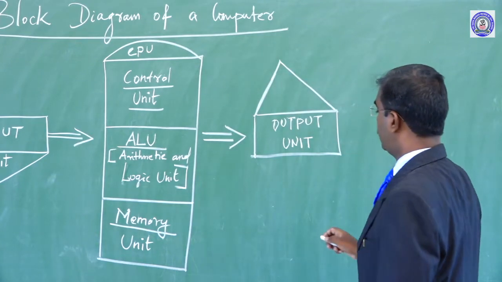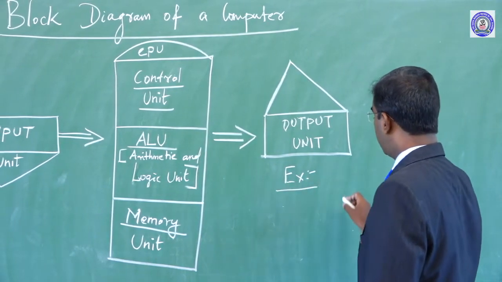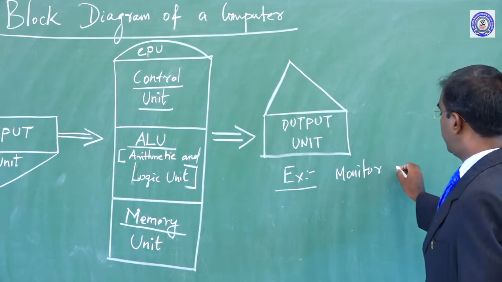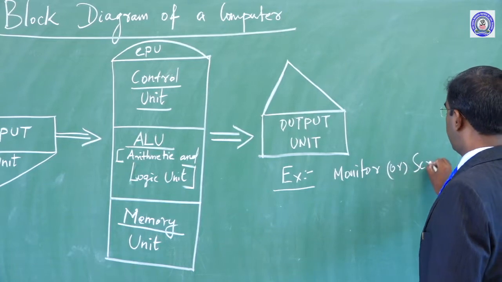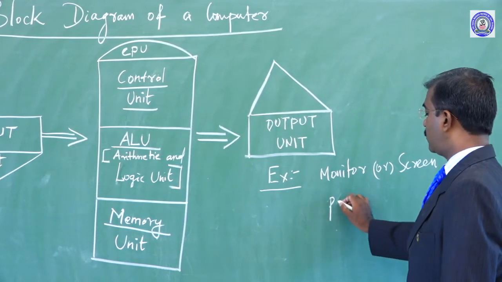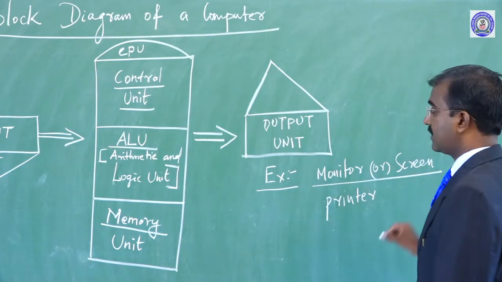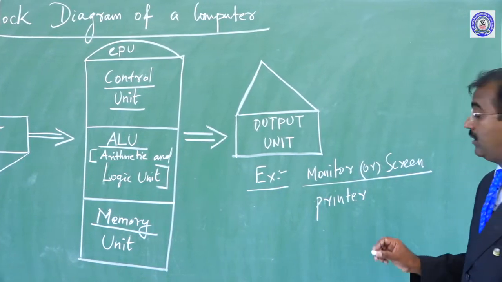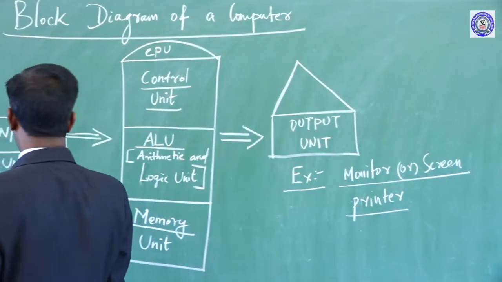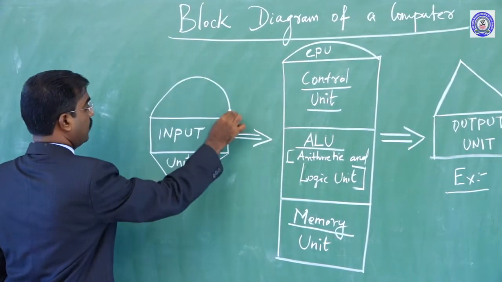So examples for the output unit are monitor or screen, and then printer. We take a printout, hard copy, from the printer. The example of the input unit, we know, is a keyboard.